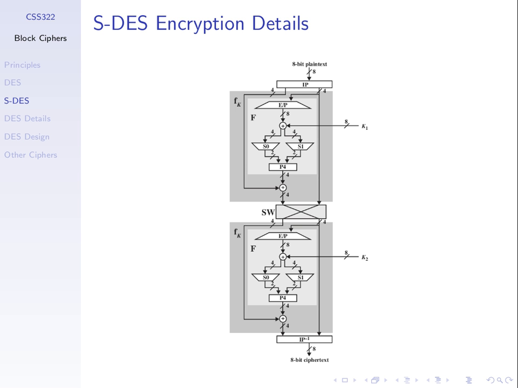Do it all again. Do the same steps, not the initial permutation, but the same steps inside the function again. Round 2. Expand. XOR with K2. Not K1, but this time K2. Almost done.